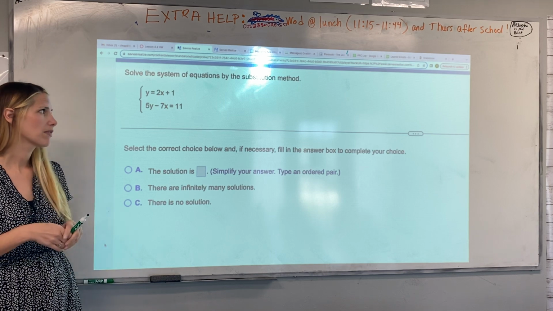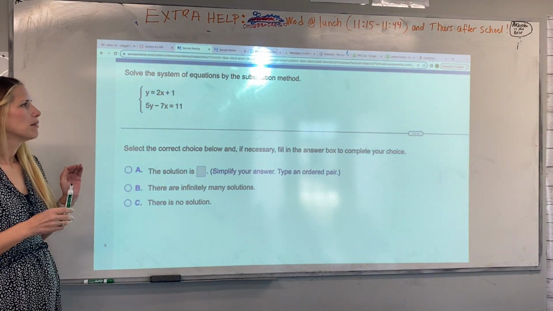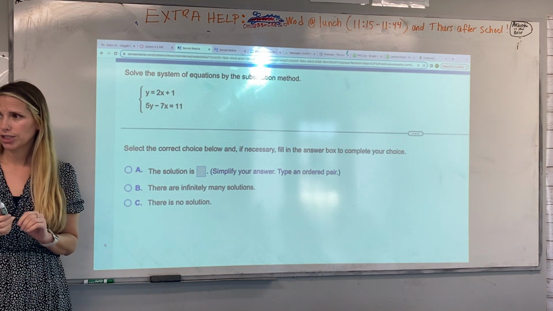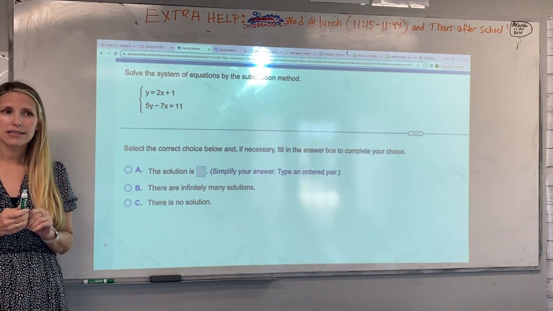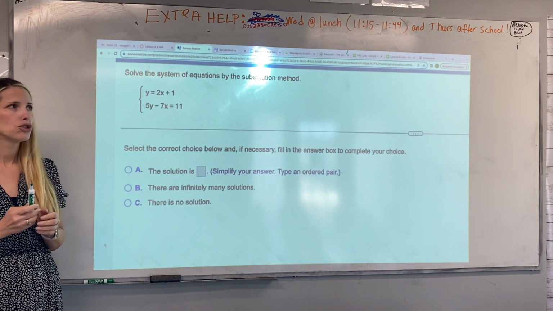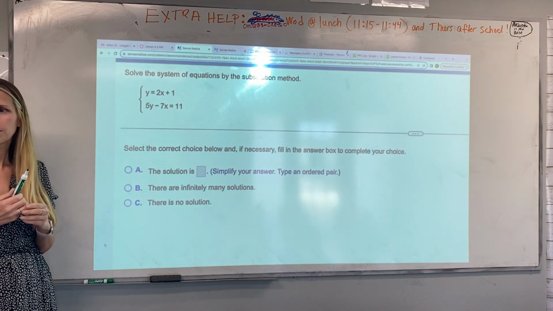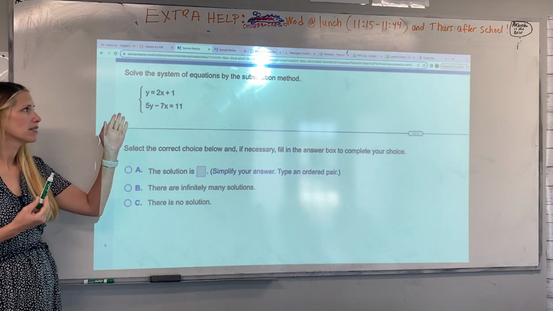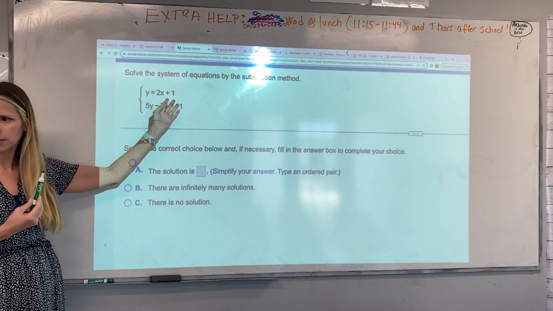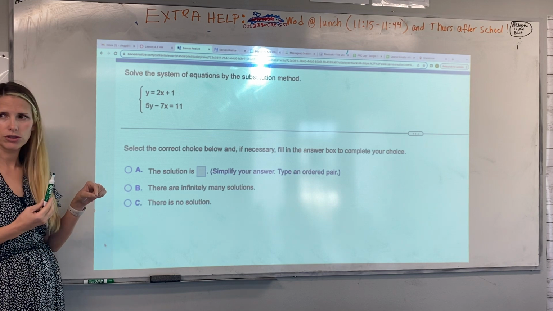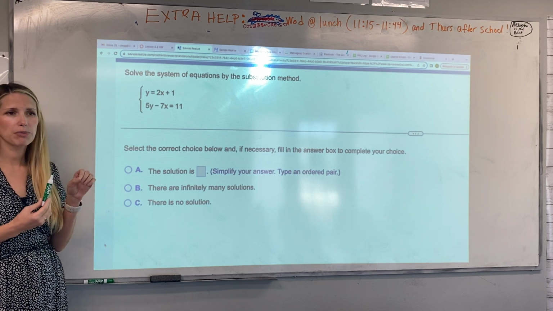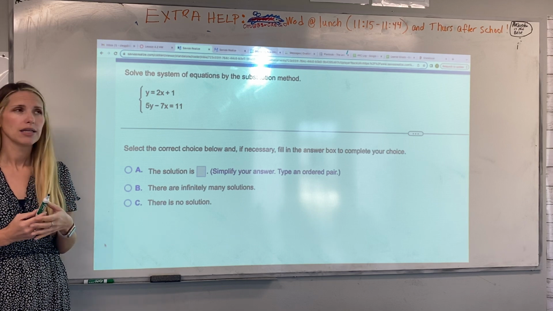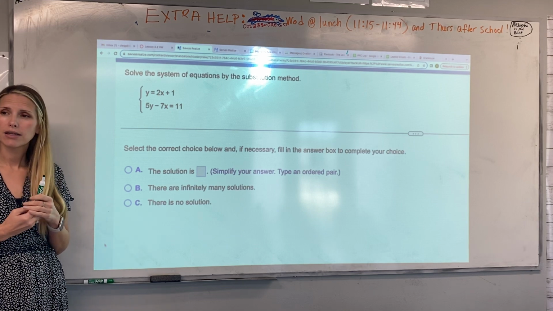Thank you. So, Melanie, can you tell me what expression is equal to y? I'm going to give you a hint. The first equation says y equals 2x plus 1. So what expression is equal to y?